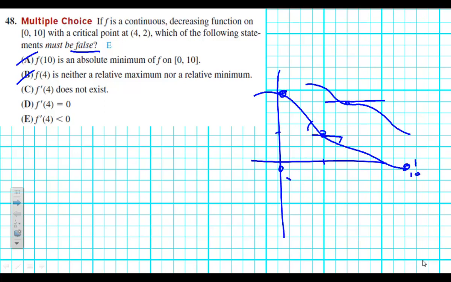All right. Could it be a function like this, where it's decreasing? That could happen. So must it be false that it did happen? I can imagine that could be true.